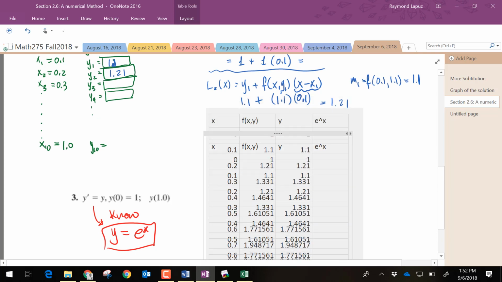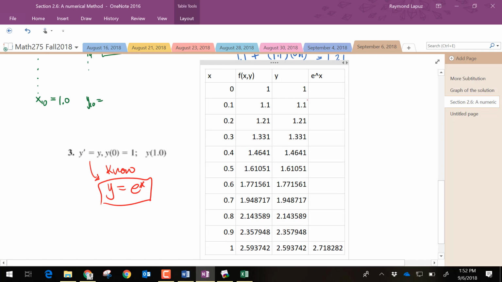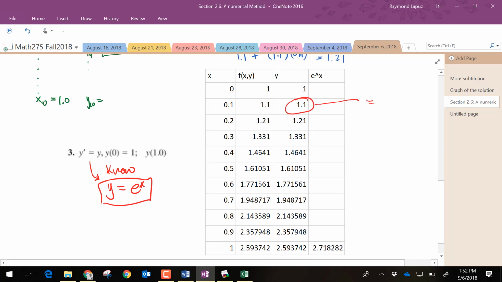So here's the work for 0.01 in your graphing calculators. And just to remind you, for your notes, we put equals, and then we put y sub 0 plus the slope times the step size.